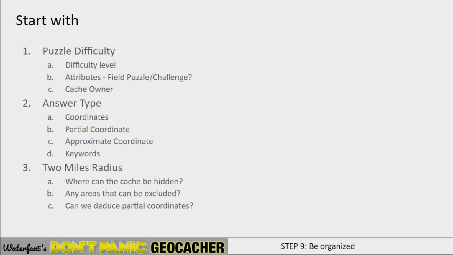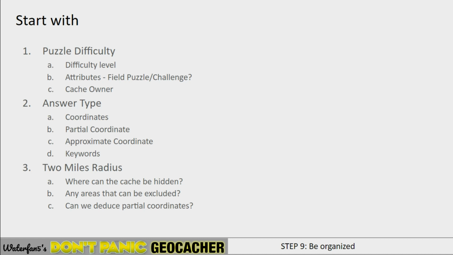The attributes can help us validate: are we really looking at a puzzle? Is it maybe a field puzzle or a challenge or something else going on? It could very well be that we can't solve it from home and we have to go somewhere. Let's figure that out first before we spend time trying to solve something. I also like to look at the cache owner, because different cache owners may have different techniques.